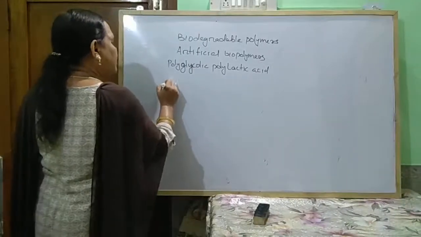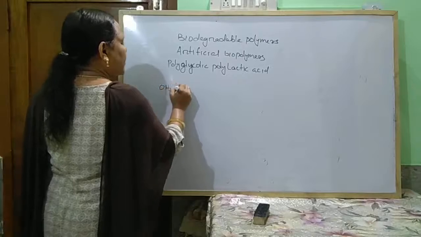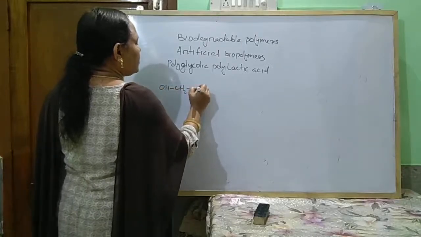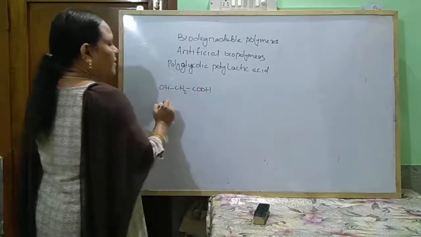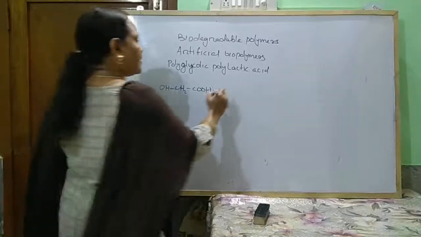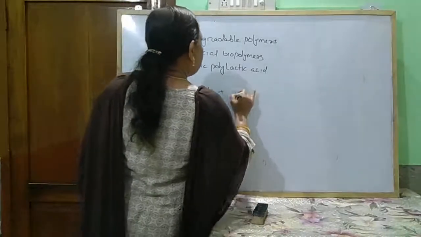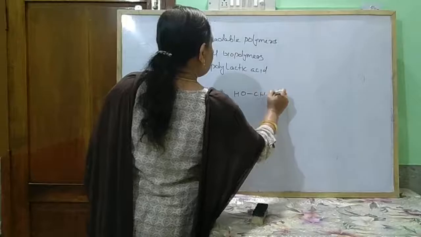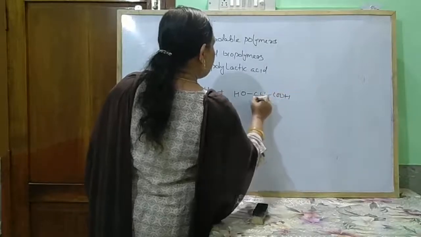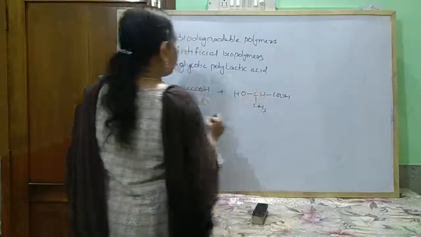Glycolic acid: OH, CH2, COOH. This is glycolic acid. Lactic acid: OH, CH, COOH, CH3.